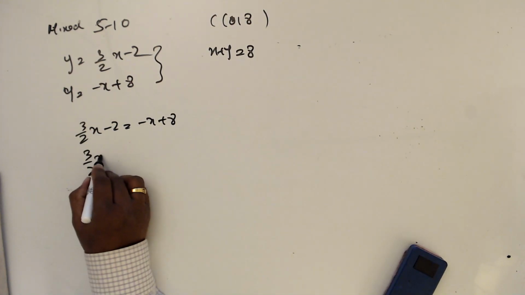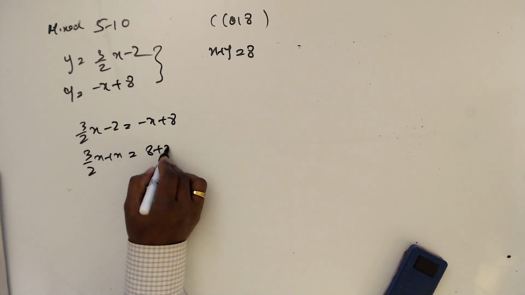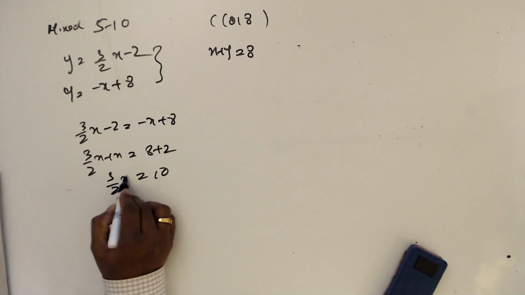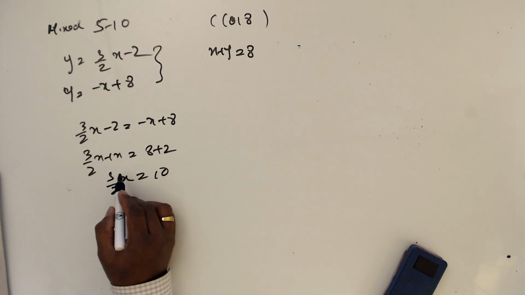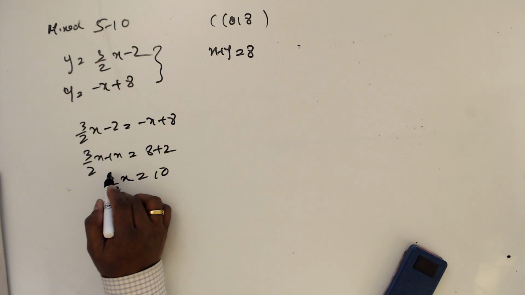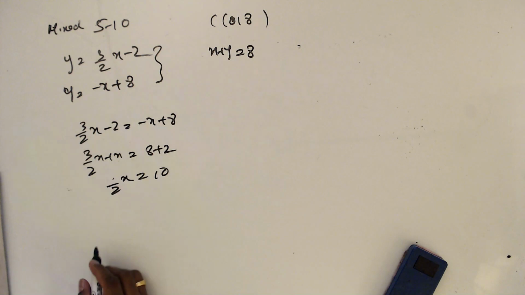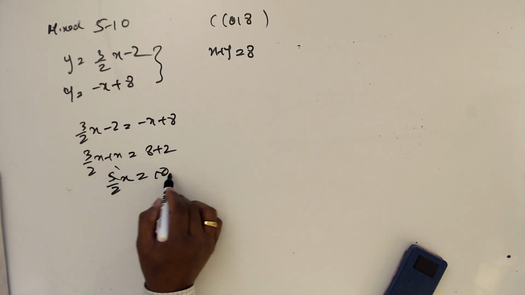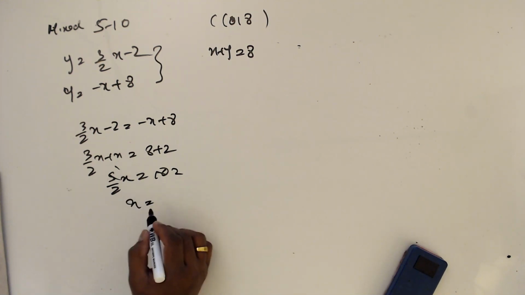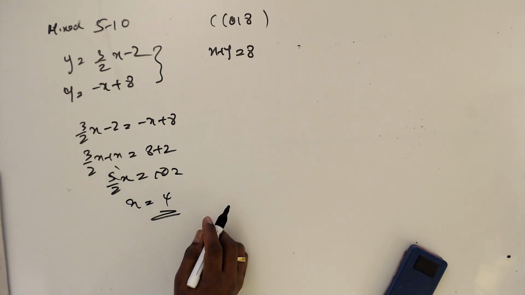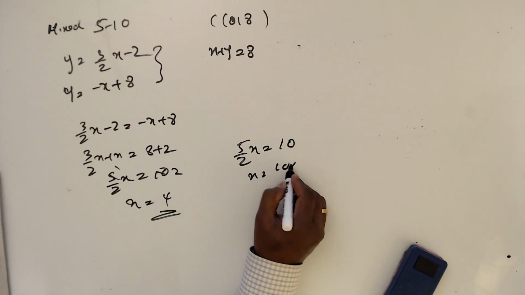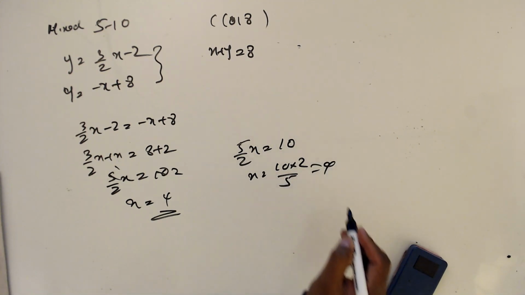So 3 over 2 x plus x equals 8 plus 2, which is 10. Again, 5 over 2 x equals 10. Cross multiplying, x equals 10 times 2 divided by 5, which is 4.